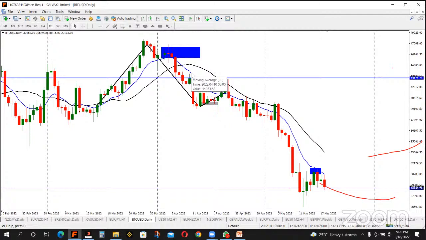Because as the price is moving down, the smaller period moving average calculates fast and follows. If the market starts buying now, you will see this blue cross this black very well. At that point, when it crosses, it is a signal for a buy.